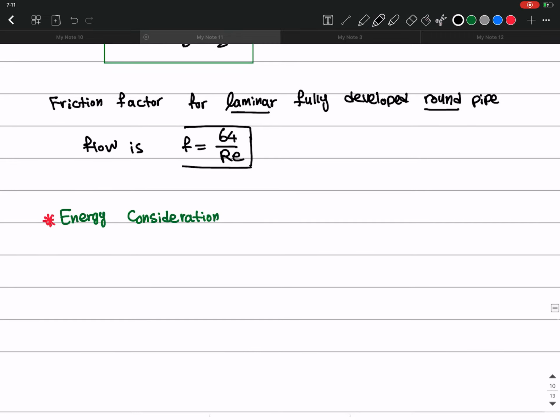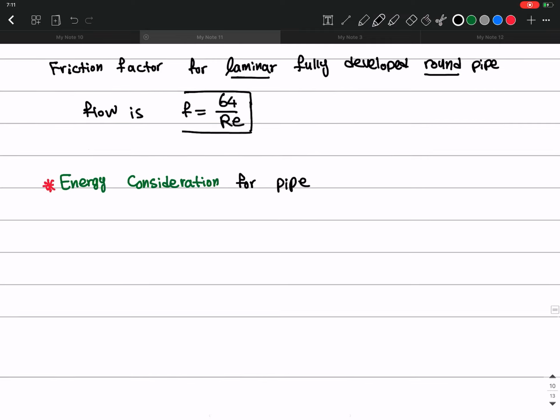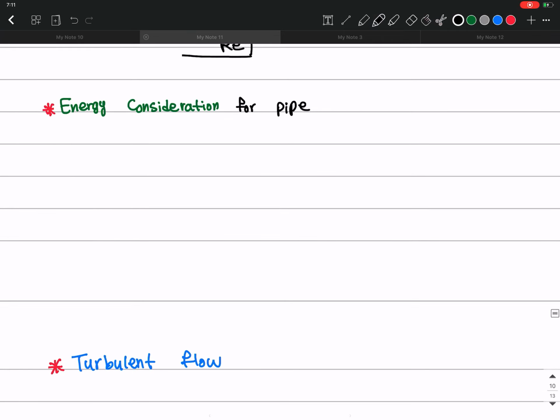So first, let me just make a small remark about energy consideration for pipe flows. So velocity distribution. So far, most of the time in the course, we assume that velocity distributions are uniform in a pipe, right?